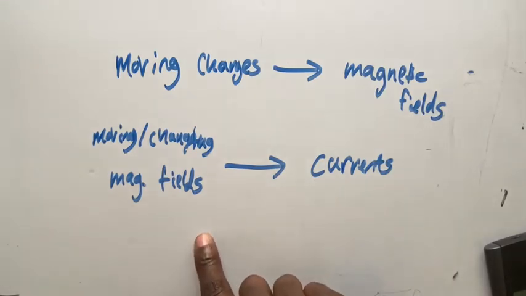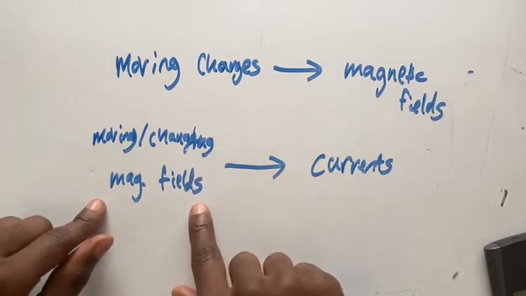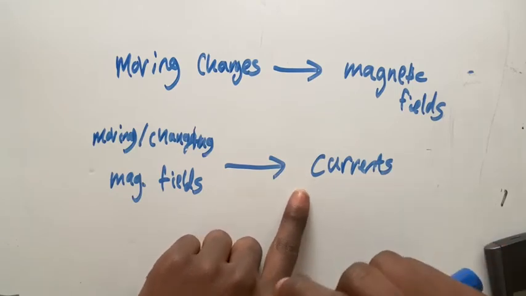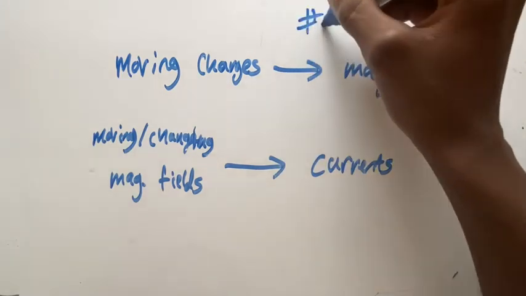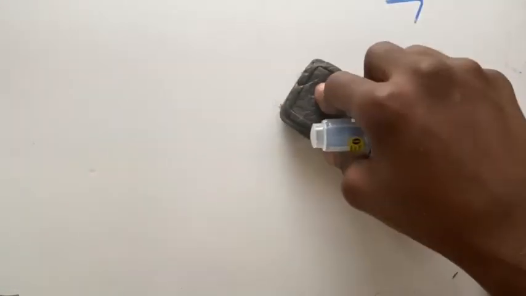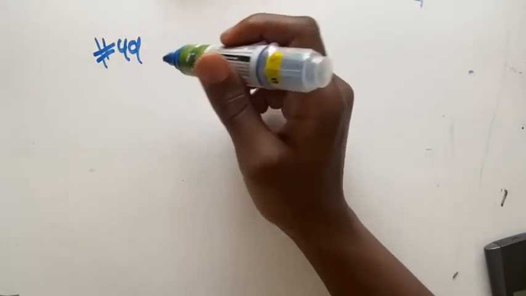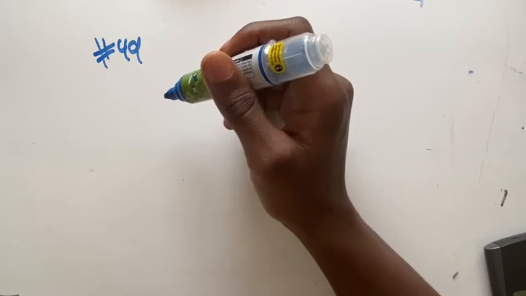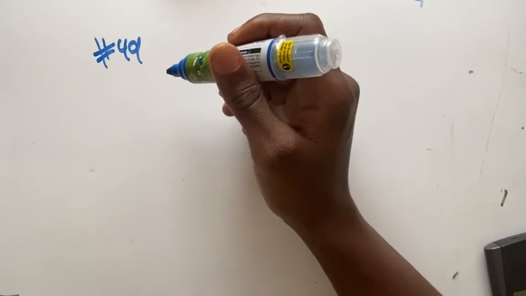So 48 says electromagnetic induction in a coil occurs when there is a change in the magnetic field. So if you change the magnetic field, that's going to produce a current. So the answer for 48 is going to be D. Where are we at? 49 says voltage can be induced in a wire by moving a magnet near the wire, moving the wire near a magnet, changing the current in a nearby wire.